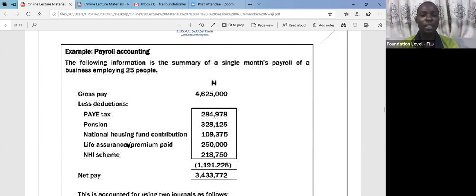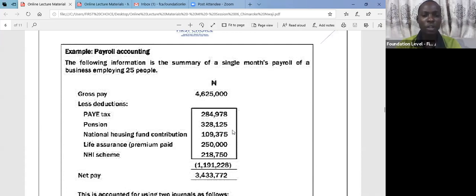Then if you have a life assurance, the premium you paid should be deducted because they are allowable expenses. Then if you are involved in the NHIS scheme, you deduct all of this. There is something that is not even here, the consolidated relief allowance, but I think it has been taken care of.